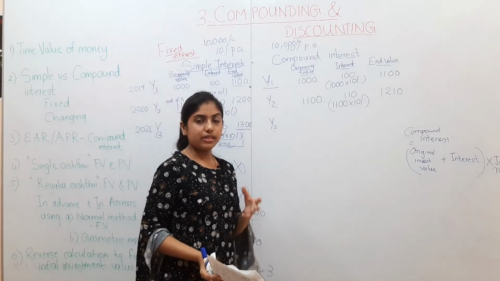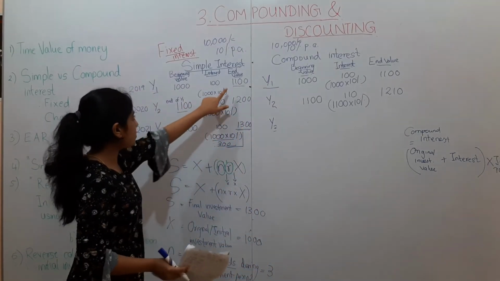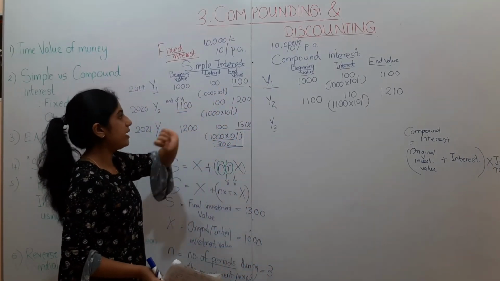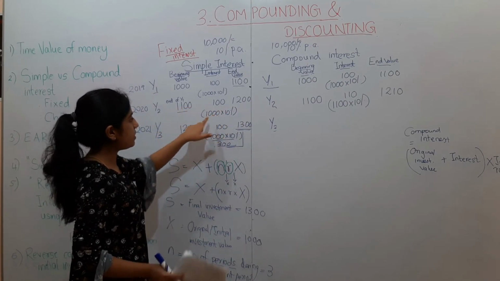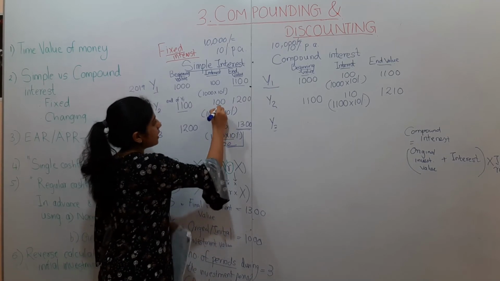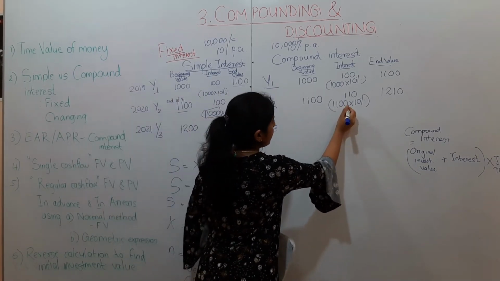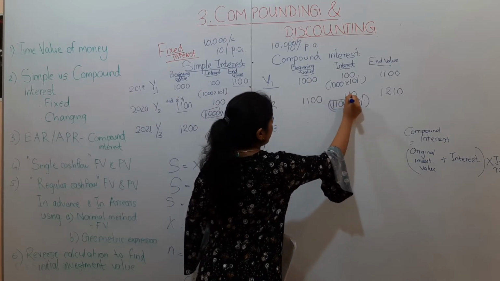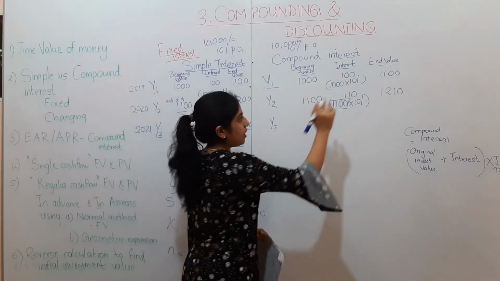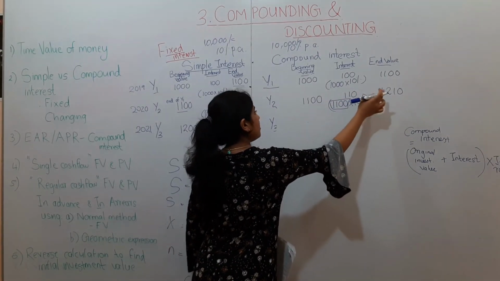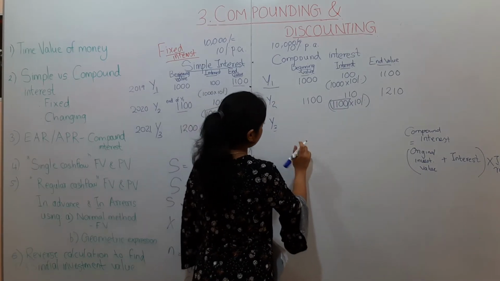Okay. So in simple interest, you straight away took the end value, but you got the interest based on the original value. But in compound scenarios, we take it based on the last year's ending value. Now, the second year's ending value is 1210. That will become the beginning value of year 3.